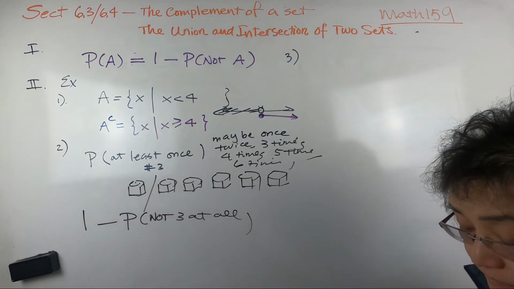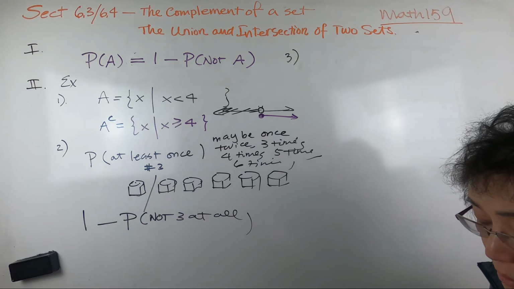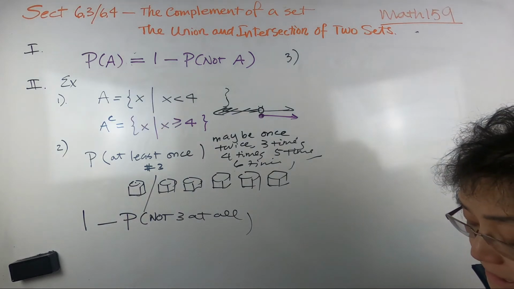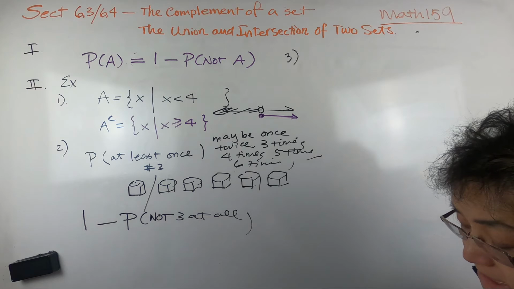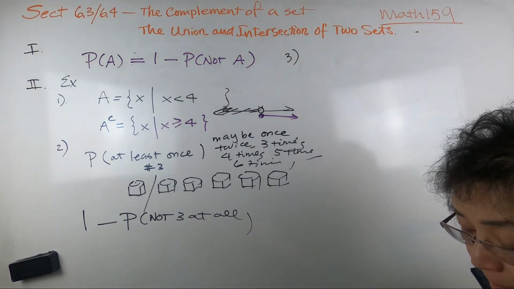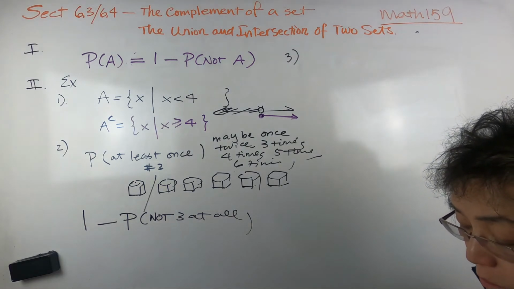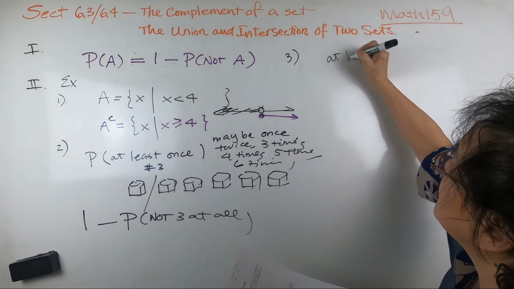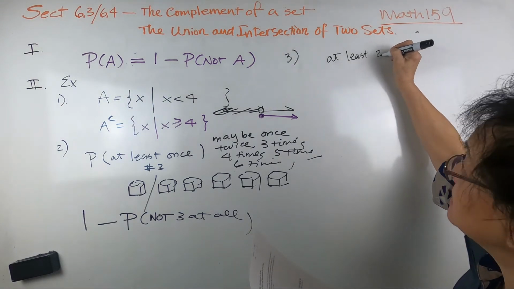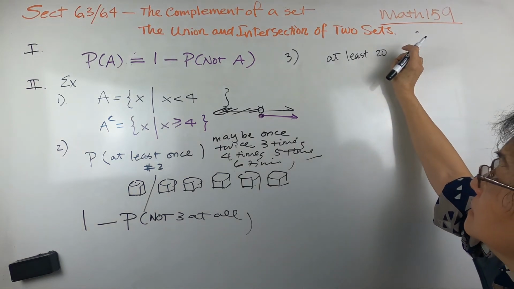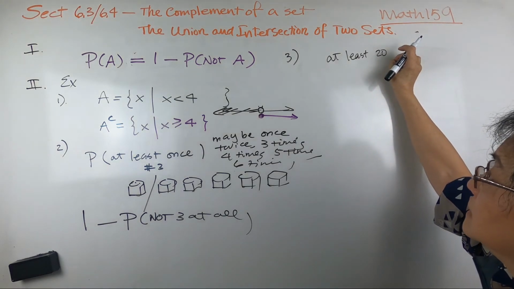Look at the next one. Suppose that we want to find the probability that at least 20 people in the class have done their homework. Find the complement of this event. Okay, we want at least 20 people in the class to have done their homework, right?